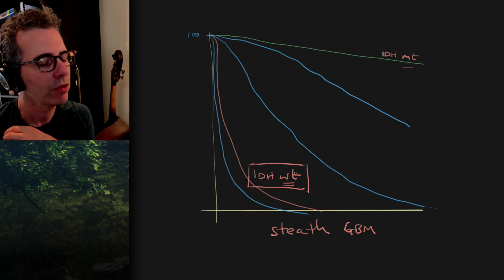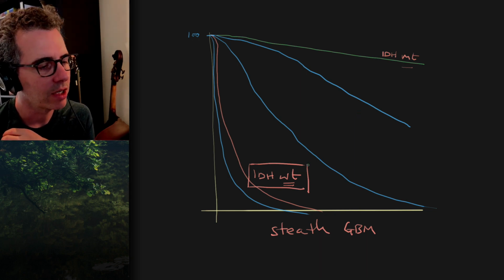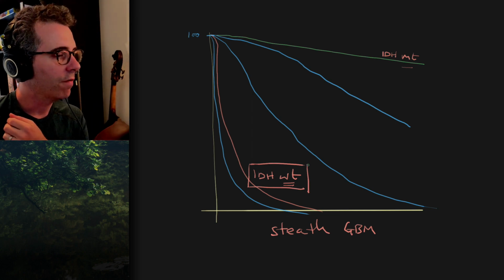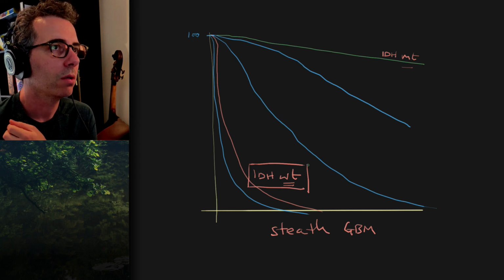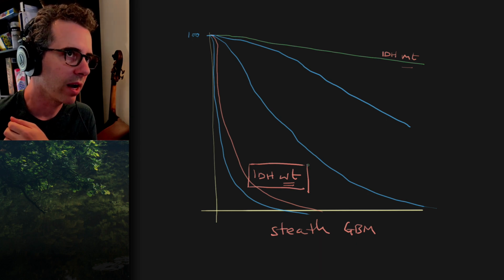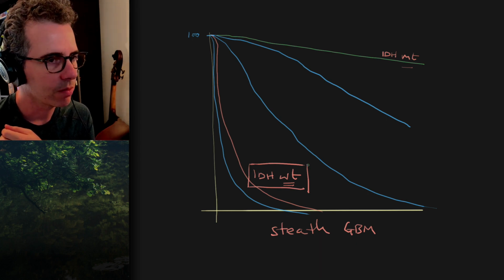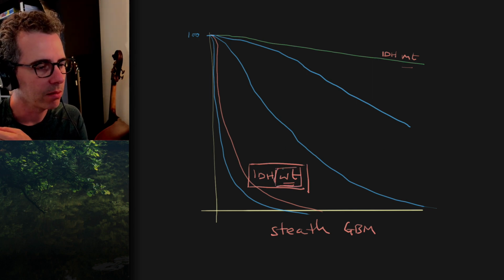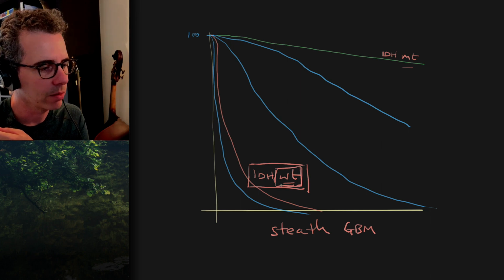Then IDH testing comes back wild type, and suddenly you've given the diagnosis to someone of a very aggressive tumour, whereas in fact they've just got normal brain with some other pathology. So just because wild type is what all of us have in normal brain does not make it a good thing when it comes to a low-grade tumour.